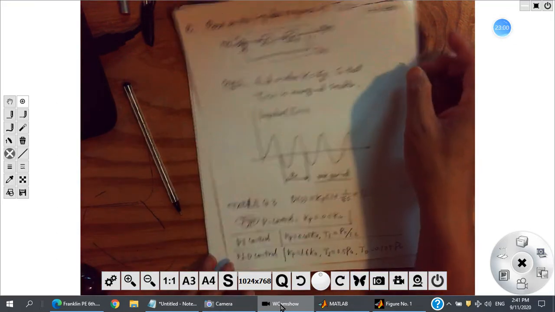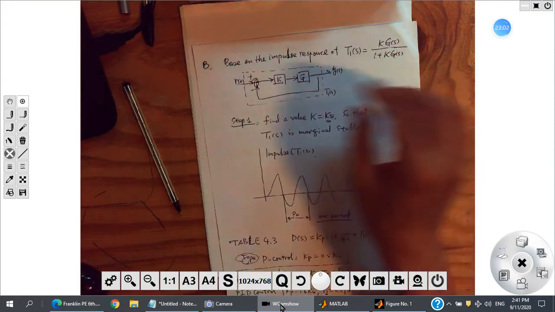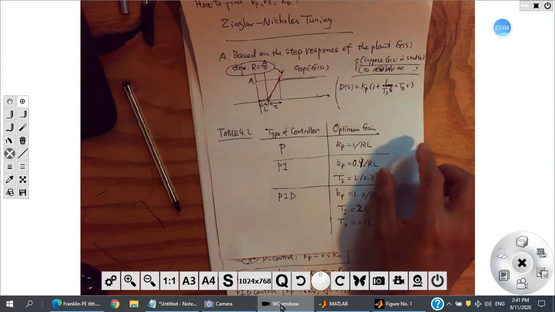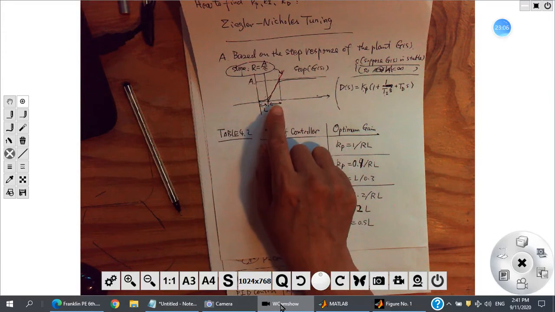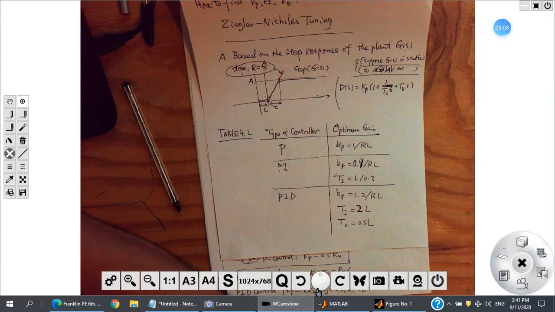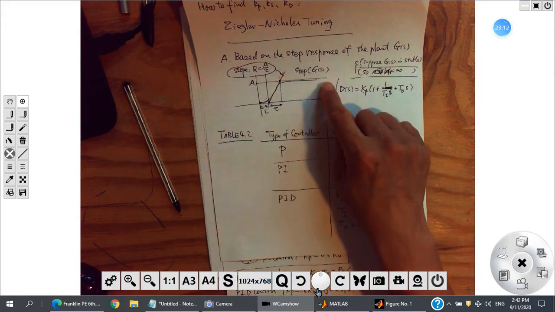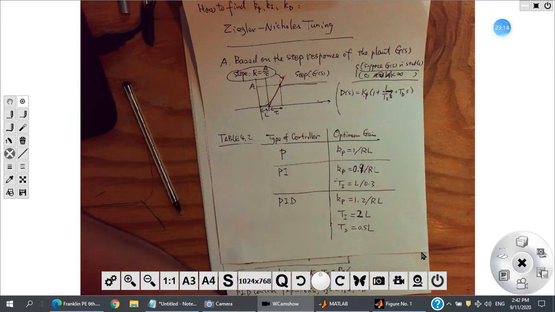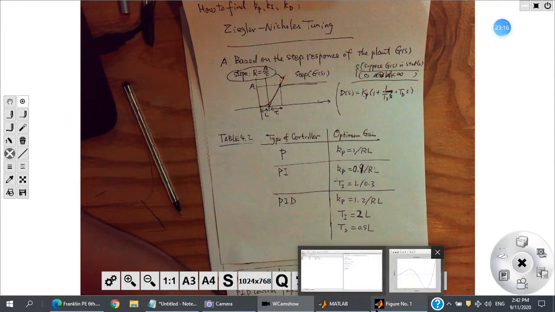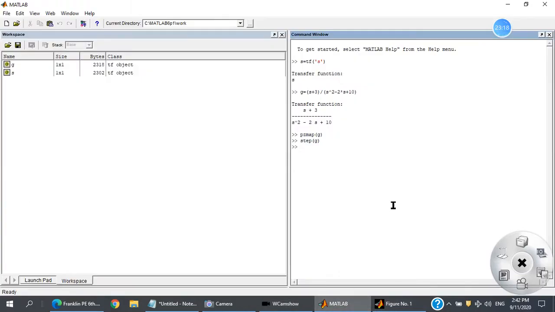For the first method, you need a step response. But now the step response never settles to a steady state. So we cannot use the first method. So we try the second method. For the second method, firstly I just put any value, k equal to 1.